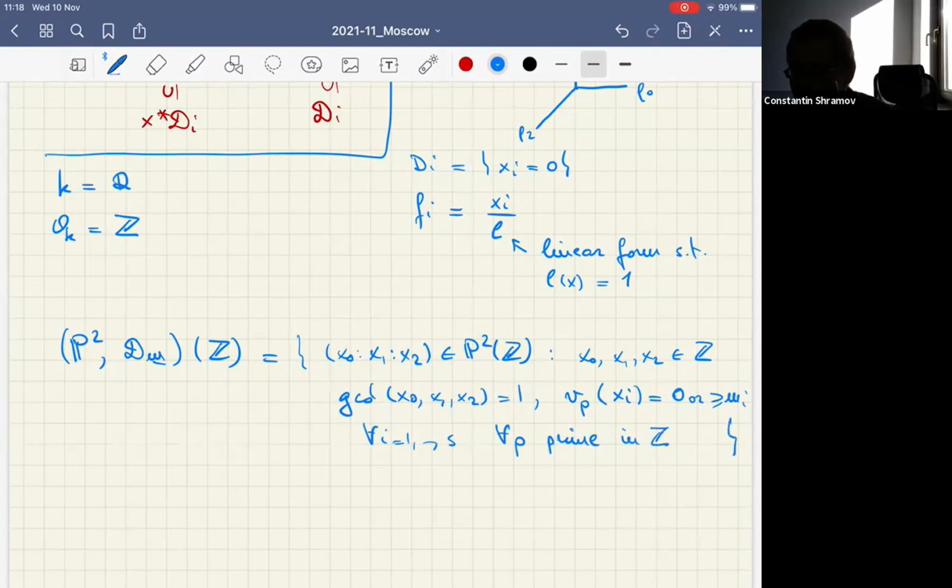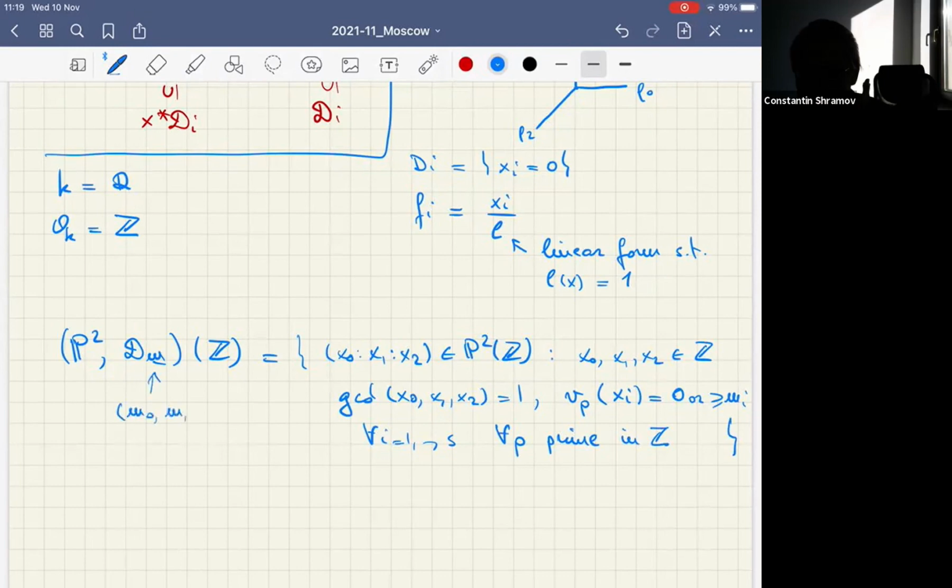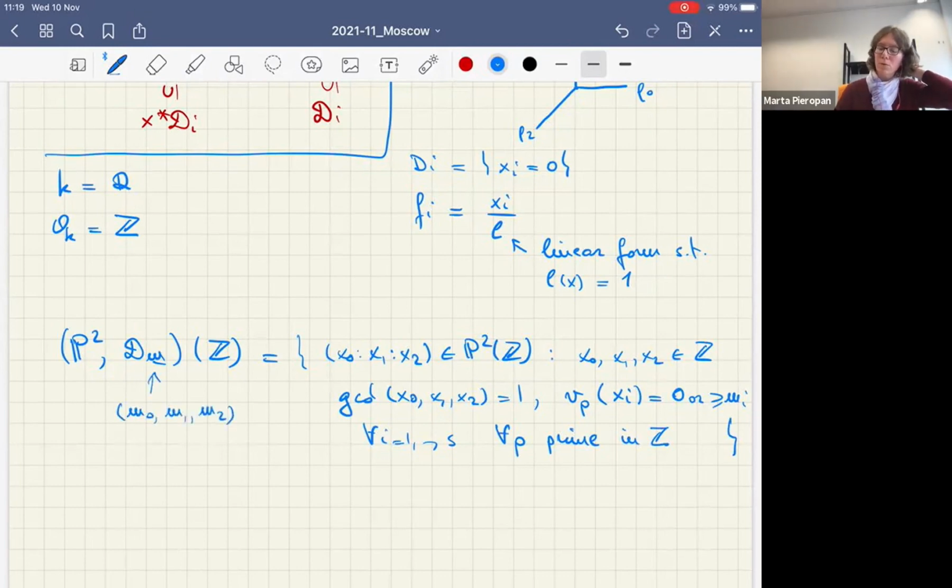Sorry, and what's mi in our case? Mi is fixed. Yes, so it's also a part of the data. It's part of the data, yes. We fix the parameters in order to be able to define Campana points.